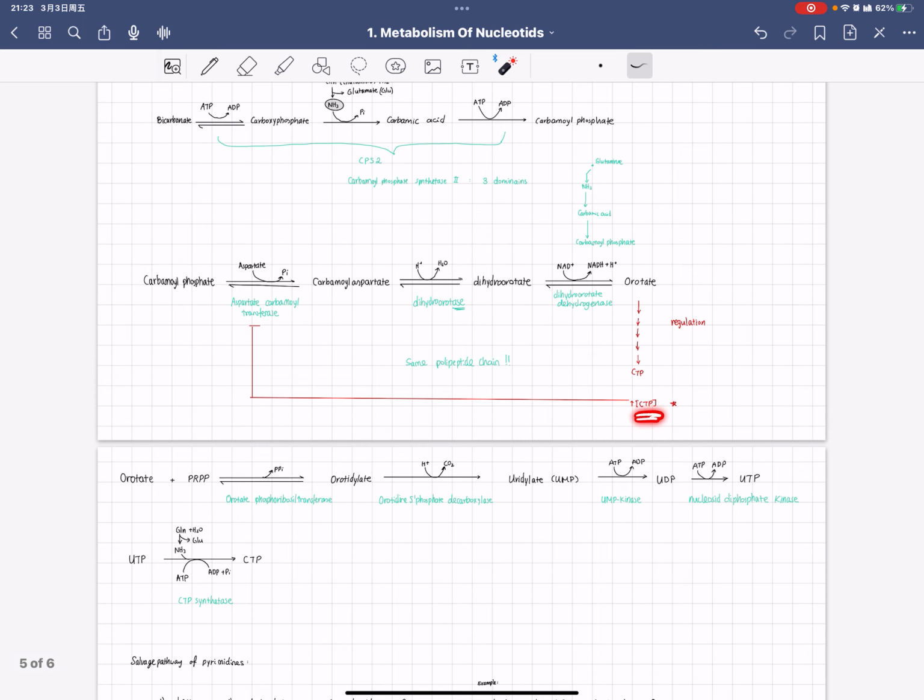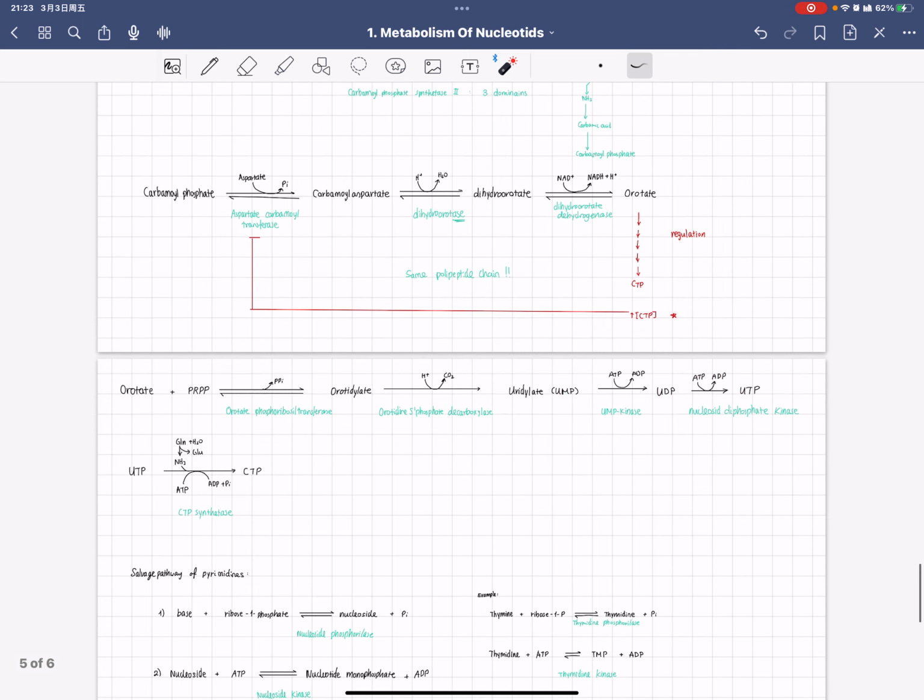That's the only regulation to remember. And then how we transform UTP to CTP. Easy peasy. How do you remember it?